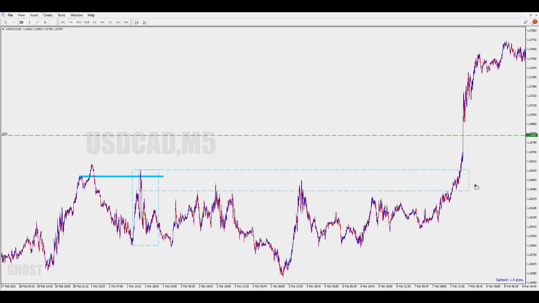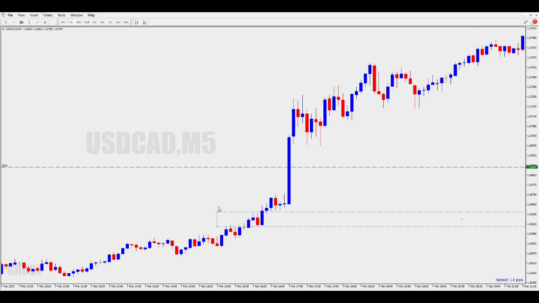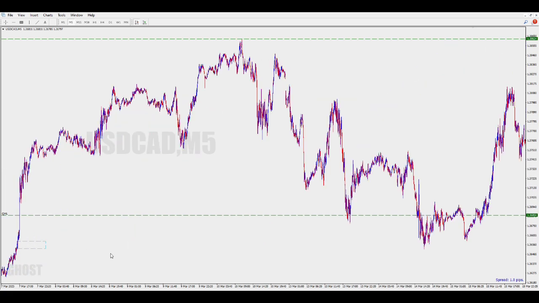And we have a break around here. This is our free order flow zone, or the swap in this case. Free order flow is just a swap, guys, don't complicate it.